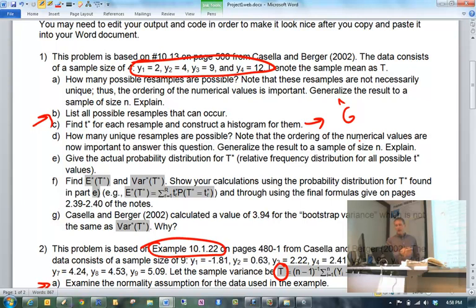Part D, we talked about how many unique resamples are possible. Part E says give the actual probability distribution for T star. So what you end up having to do there is look back at part B. You have all possible resamples, and then also part C, where you know what all possible T stars are. So what you basically need to do is find a relative frequency distribution.